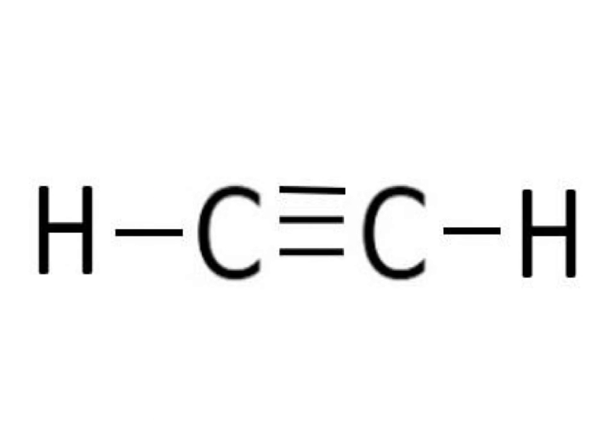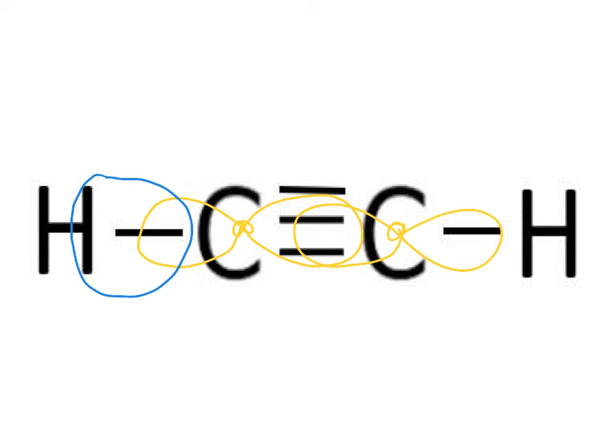And so again, let's just look at a bigger picture of that here, drawn in conjunction with our Lewis structure. So on each carbon, we have an sp hybridization, giving us the ability to form sigma bonds with our hydrogen atoms, and also a sigma bond between the two carbon atoms.